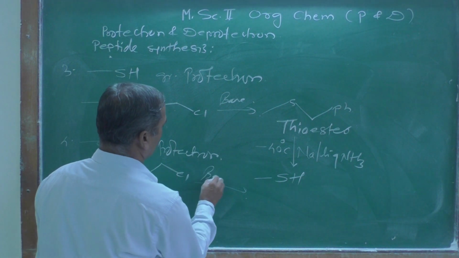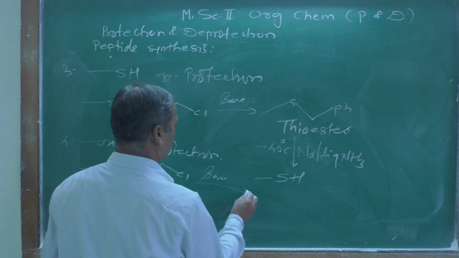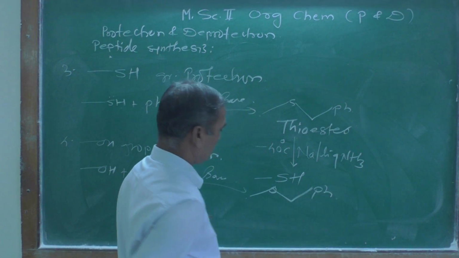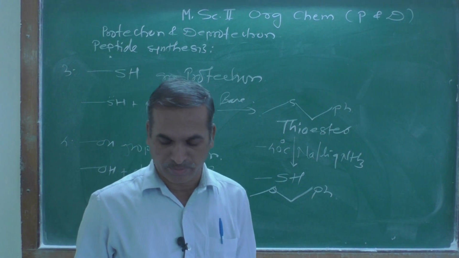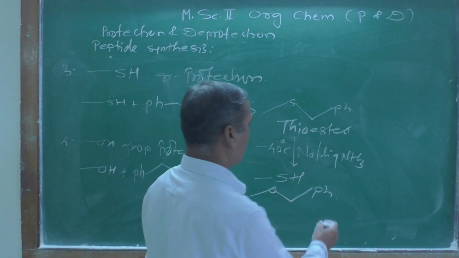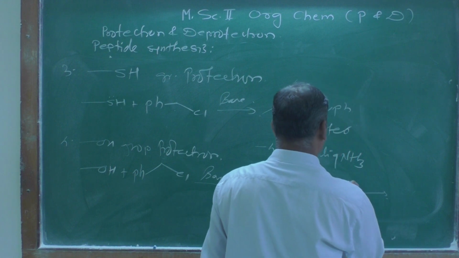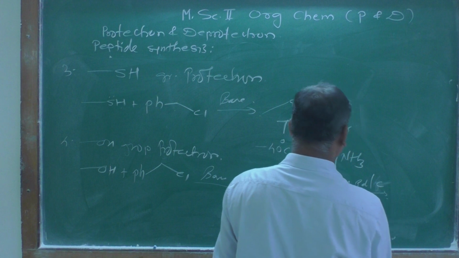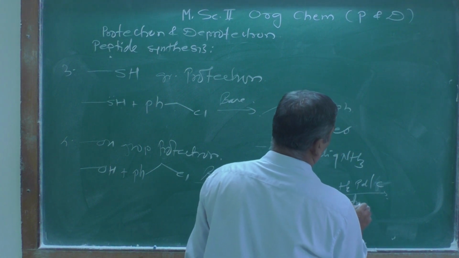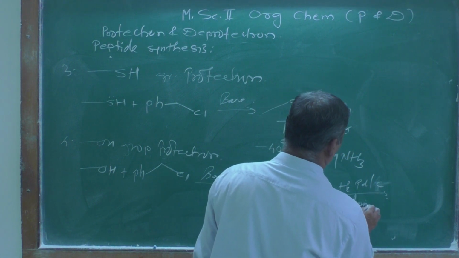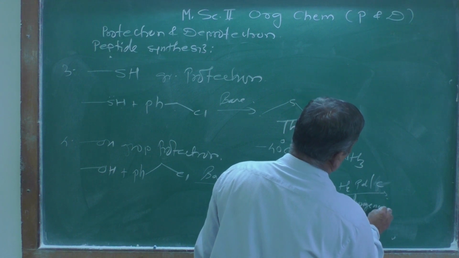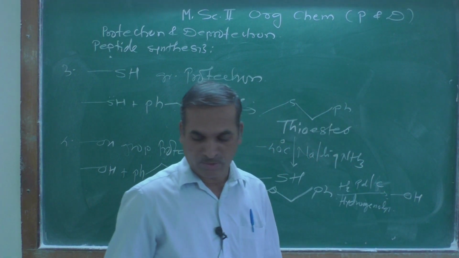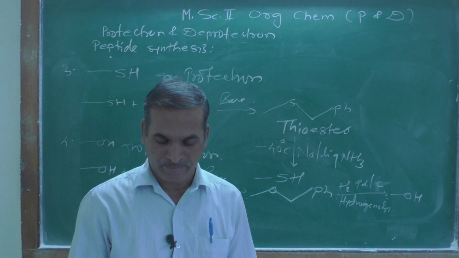You are going to get O, then CH2, Ph. This is a protected OH group, and deprotection can be carried out by hydrogenolysis, H2 with palladium in the presence of charcoal. This process is known as hydrogenolysis, and you will get the alcohol back along with toluene.